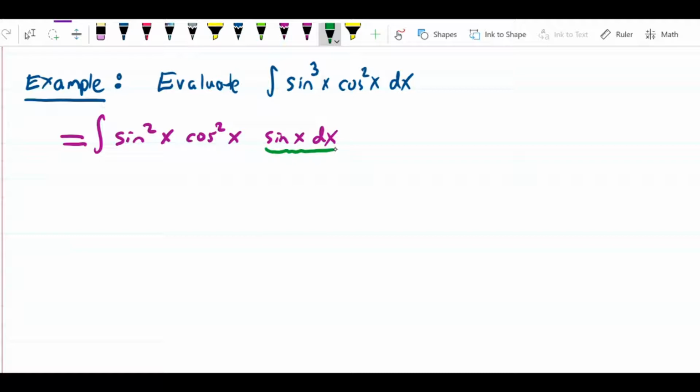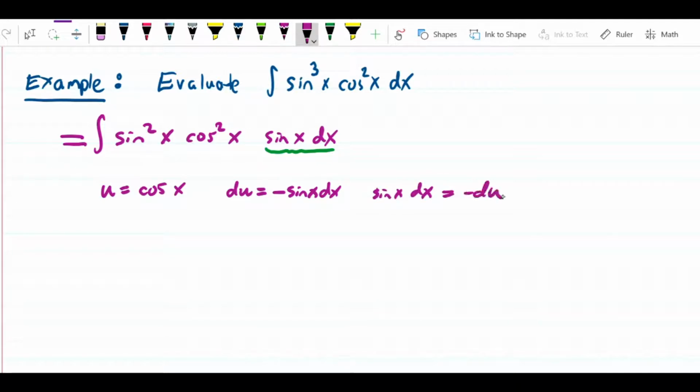So since du is going to have a sine x in it, what I want to do now is choose u equal to cosine x, and then du is going to be negative sine x dx. So sine x dx is equal to negative du.